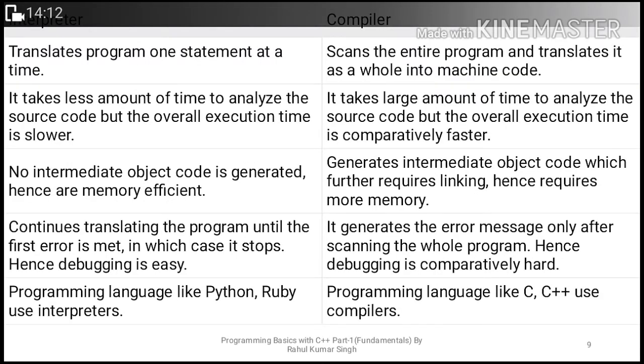Now the difference between interpreters and compilers. The left side is the interpreter, the right side is the compiler. First of all, an interpreter translates a program one statement at a time.